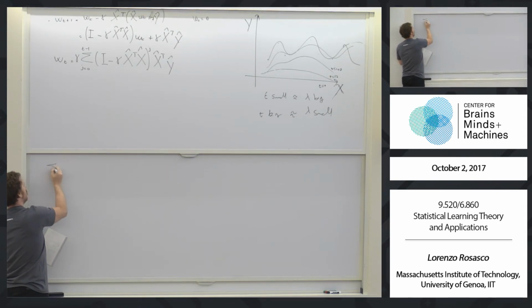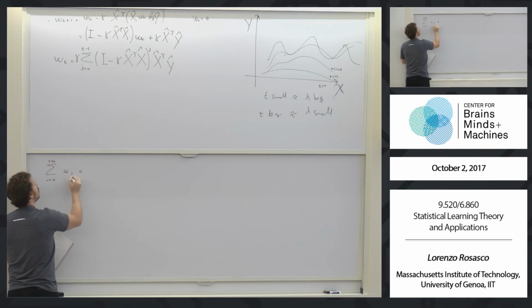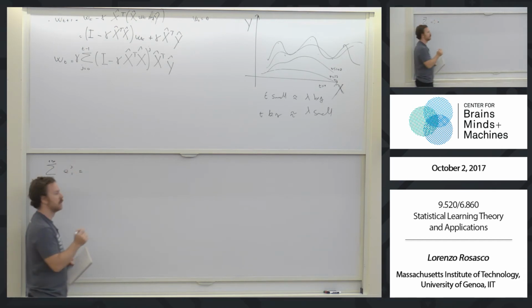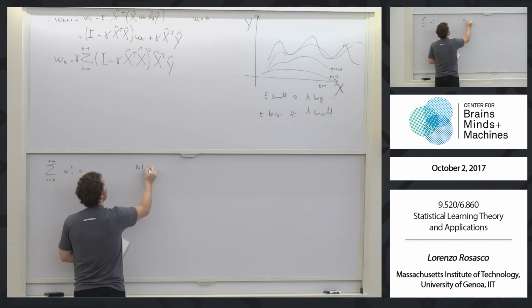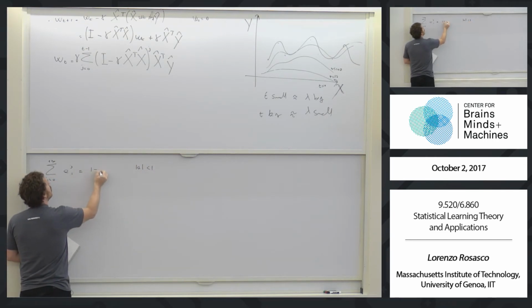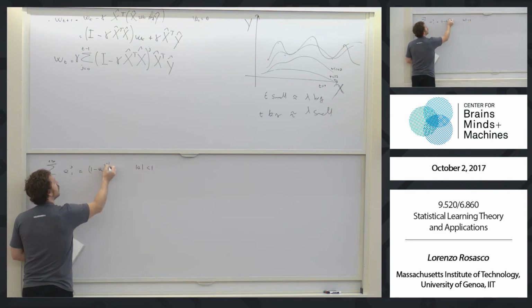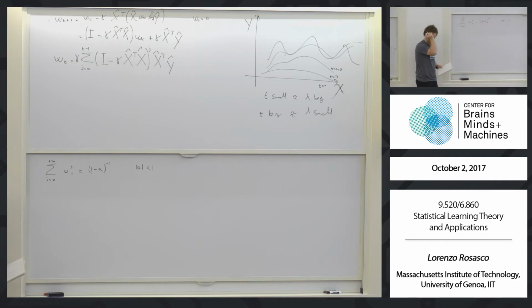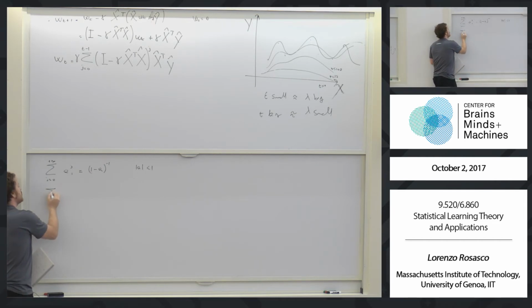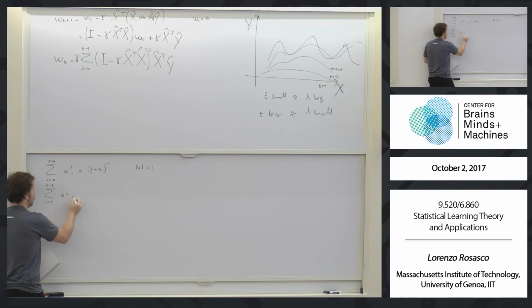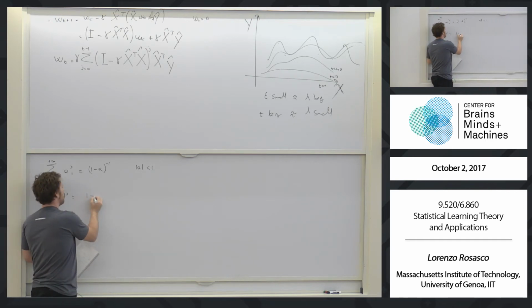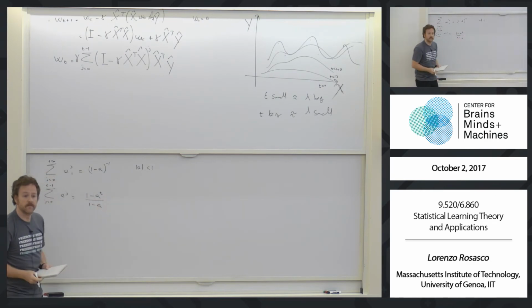If I give you a number a, how much is this, if a is less than 1? If instead I consider the sum of a to the j, it's going to be equal to 1 over 1 minus a.